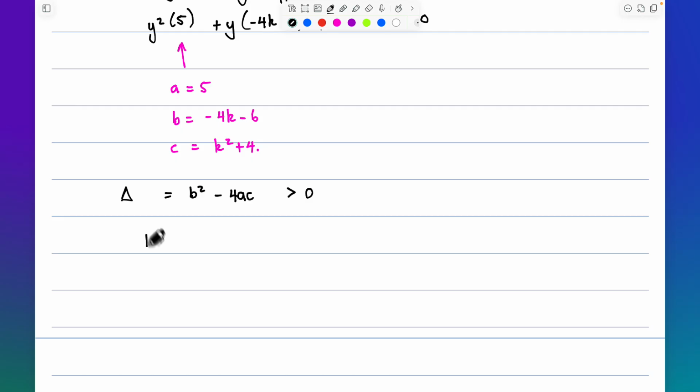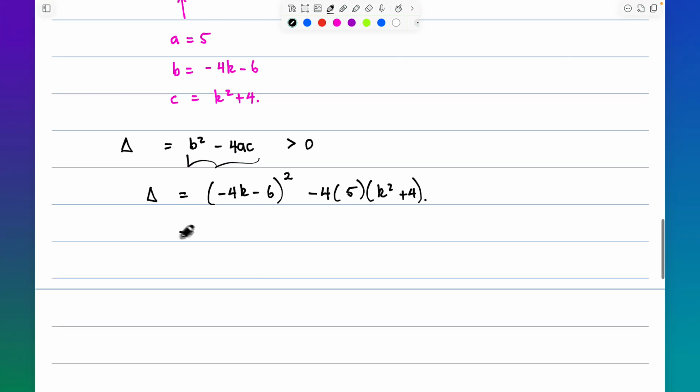So our determinant is going to be b squared, which is this expression squared, minus 4 multiplied by a, which is 5, multiplied by c, which is k squared plus 4, right? We're not setting it greater than 0 yet. I just want to get this expression and simplify it, and then we'll do the greater than 0 step.